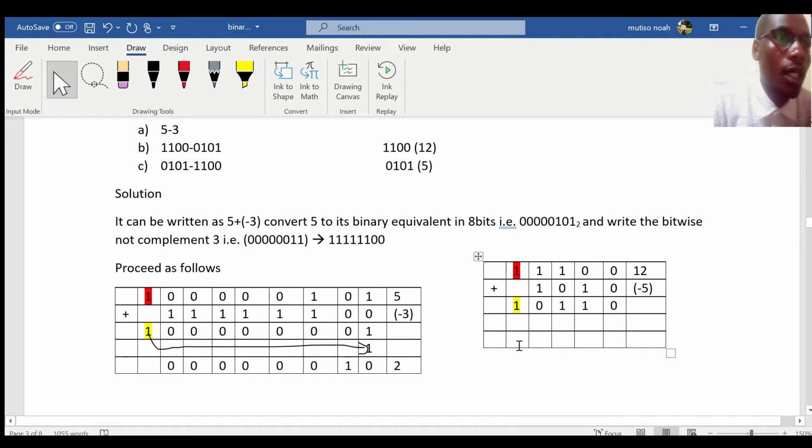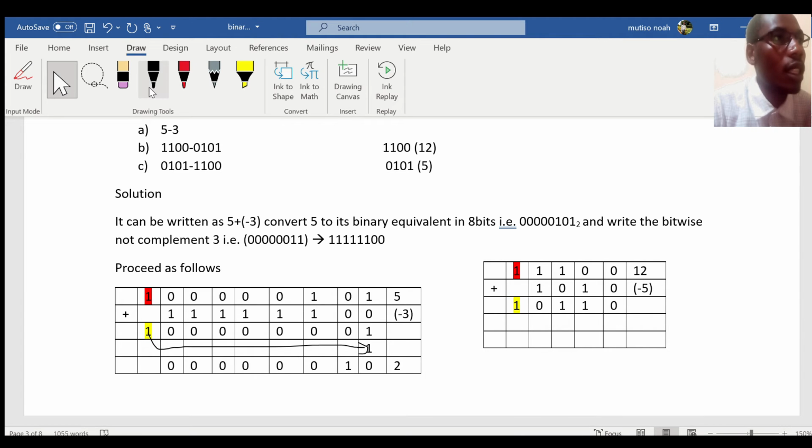We have to take the overflow bit and add it back to the result, as per what we said. So I have to take that one and add it back to the result, which is here.